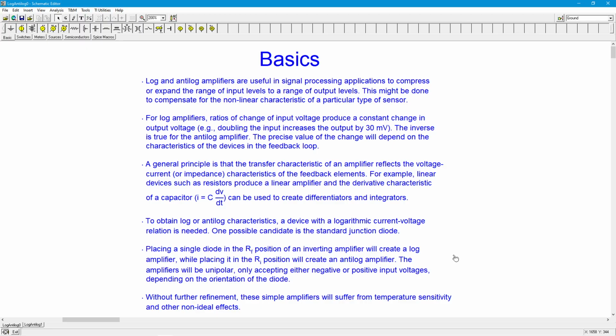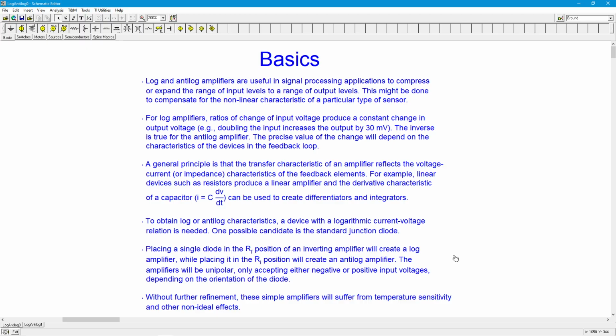So as an example, if you were to use a log amplifier and you doubled the input voltage, and I don't care if you're going from 100 to 200 or 200 to 400 or 300 to 600, you double it, your output on the log amplifier might be 30 millivolts. Right? So you double it, up 30 millivolts. You double it again, up 30 millivolts. You double it again, 30 millivolts. You can see how that's going to be compressive.